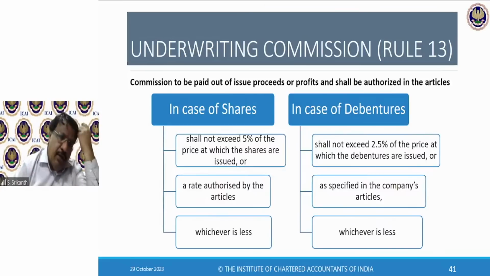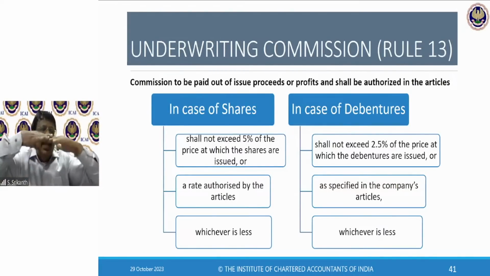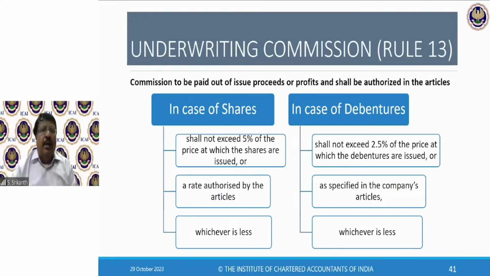Okay. But what happens is the company law says there should be a ceiling on underwriting commission. Rule 13 prescribes a ceiling limit on underwriting commission. You cannot pay as much as you want. For shares, the maximum you can pay is 5% of the price.